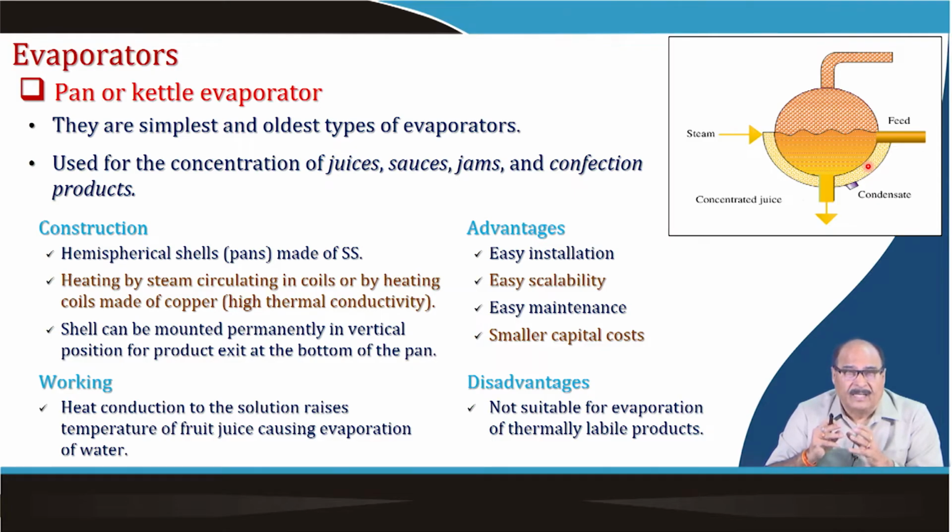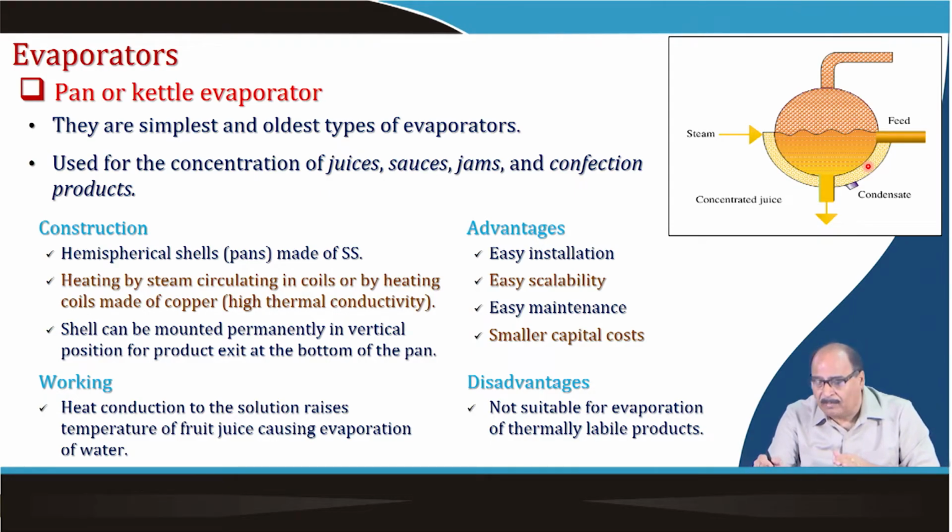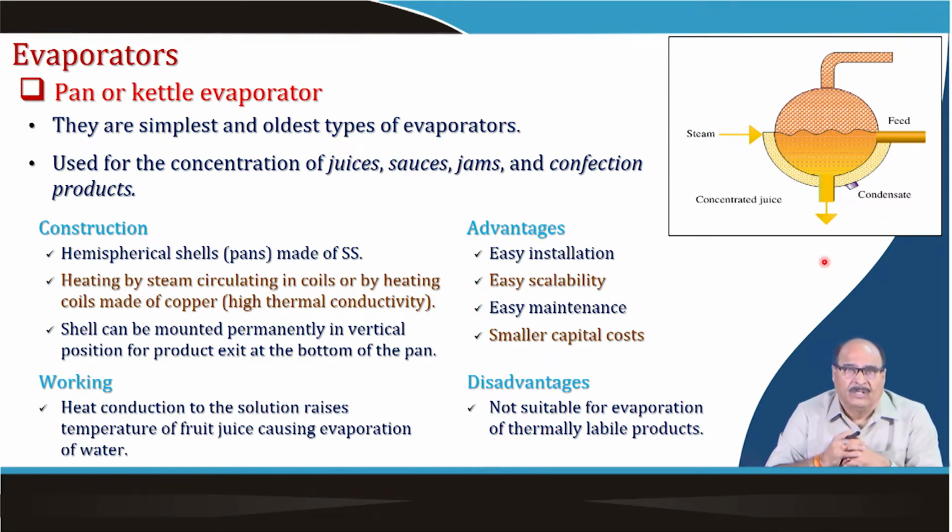The shells can be mounted permanently in a vertical position, with the product exit at the bottom of the pan. So, steam is heating here and the feed is there, water vapor goes out and the concentrated juice product comes out here.